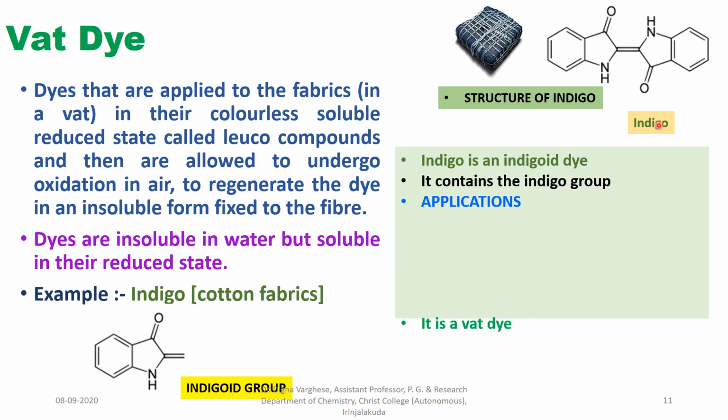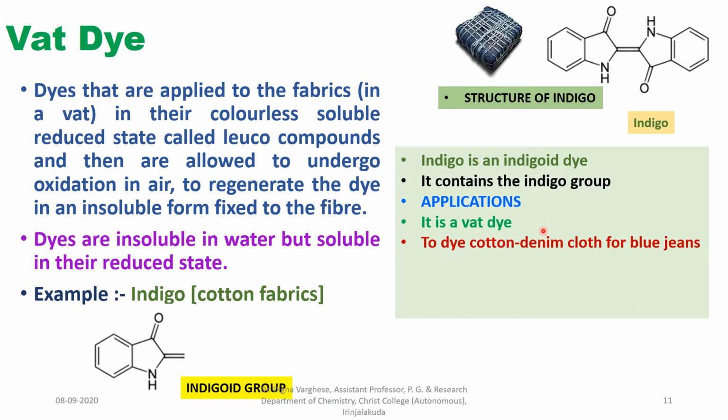Applications of the indigo dye: it is a vat dye. It is used to dye the cotton denim cloth for blue jeans. We know the color of denim jeans is blue, and that is actually dyed by the vat dye indigo. It is also used to dye wool and silk.